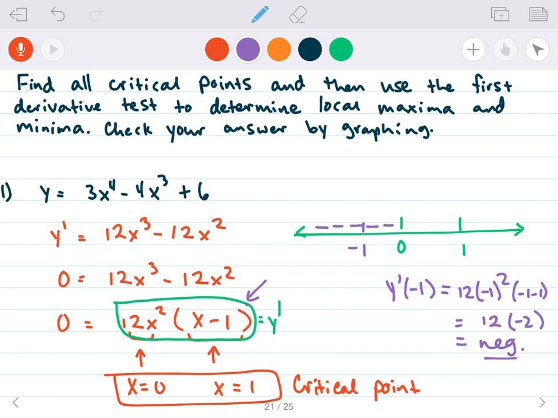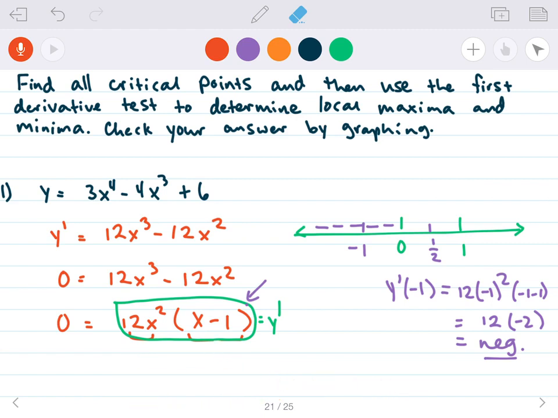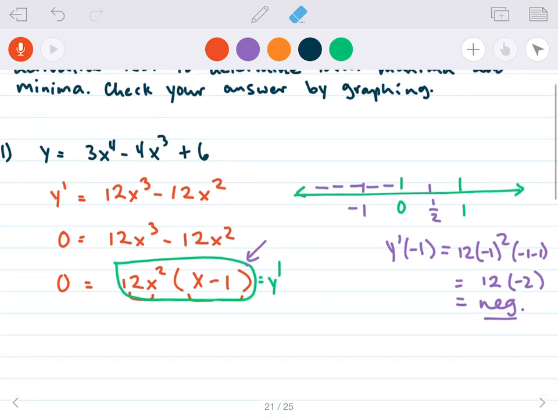Then for a number between 0 and 1, how about a half? Let's erase some of this, make some room. If I plug a half into my derivative, I get this. Now, I know this is negative.